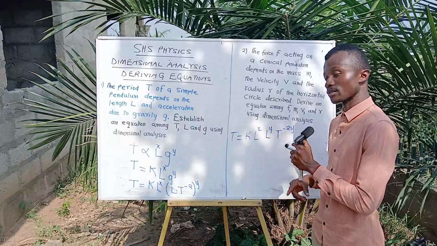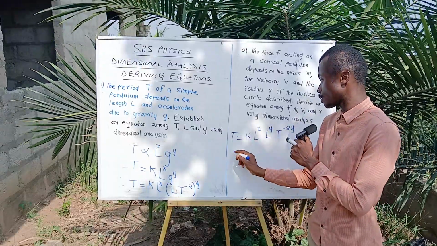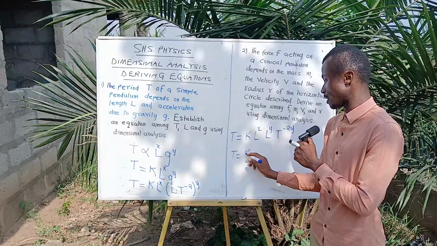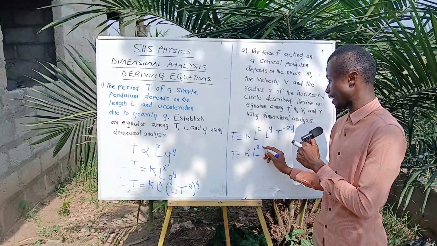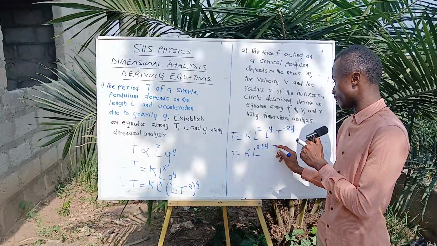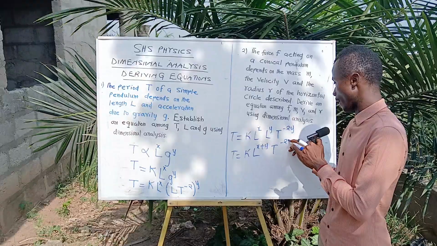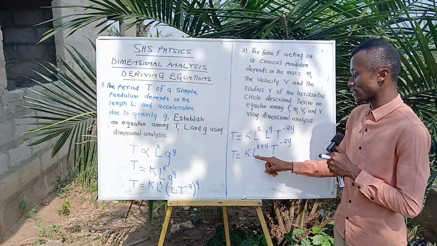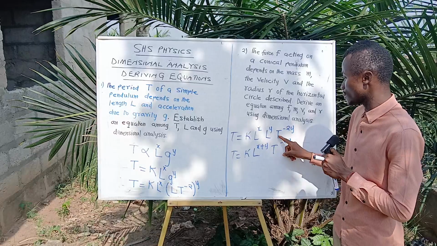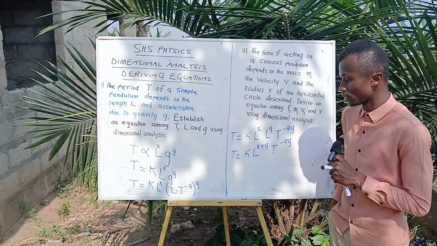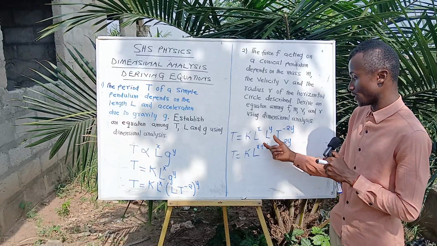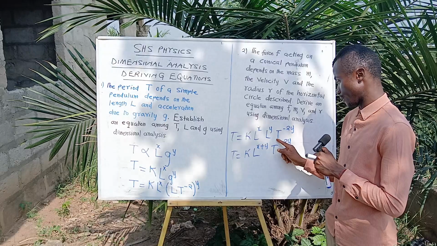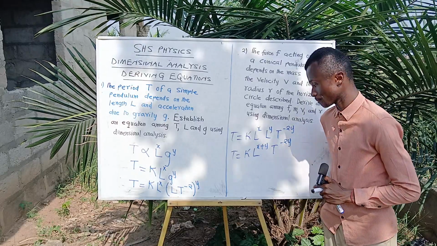We can add the exponents because they are multiplying. So we have T is equal to k, L to the power x plus y, then T to the power negative 2y. L is a different dimension, T is a different dimension, so we cannot add all of them. We need to add only this, and this will be a separate quantity.